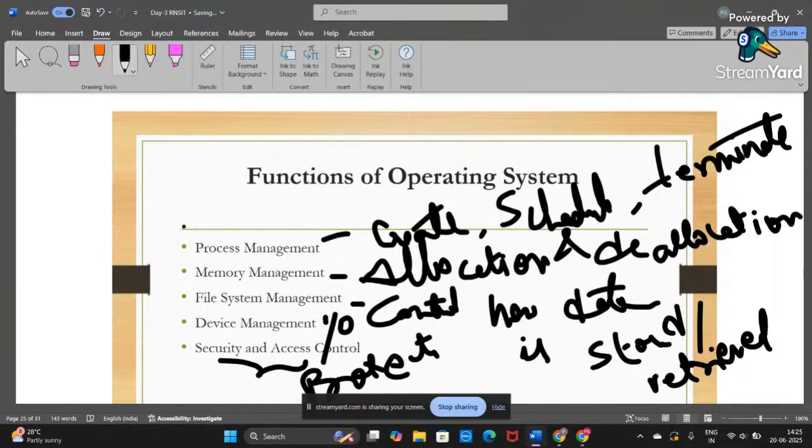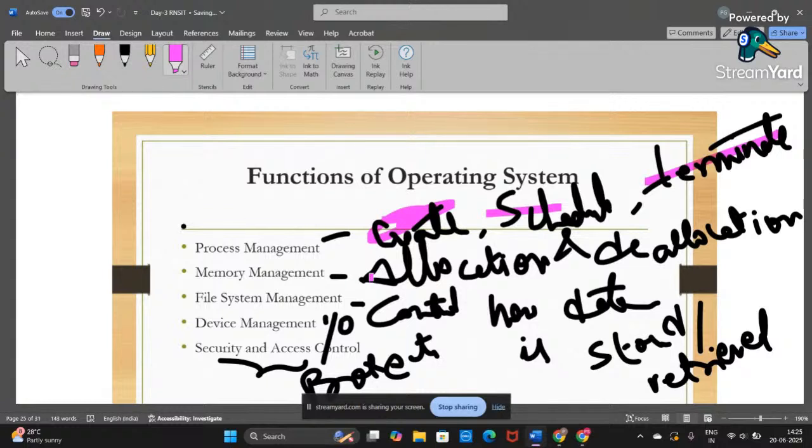I'll repeat it again. Process management is nothing but creating, scheduling, and terminating. Memory management means allocation and deallocation of memory space.